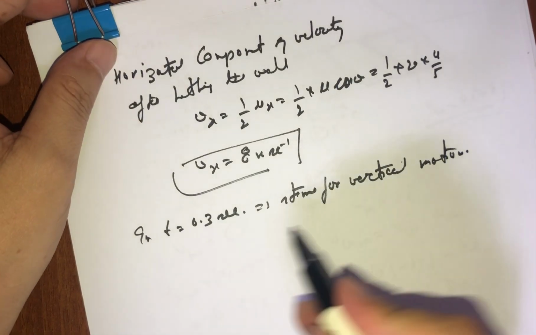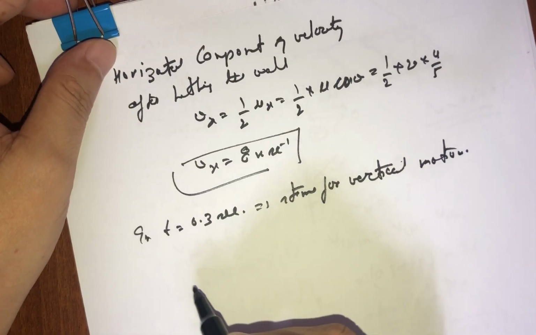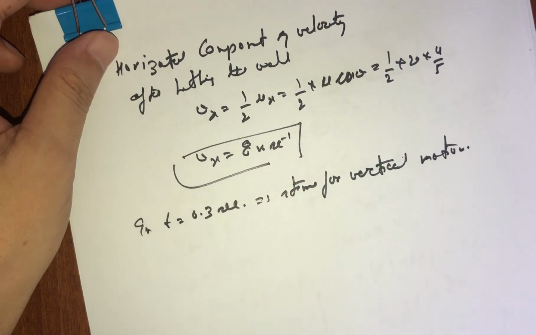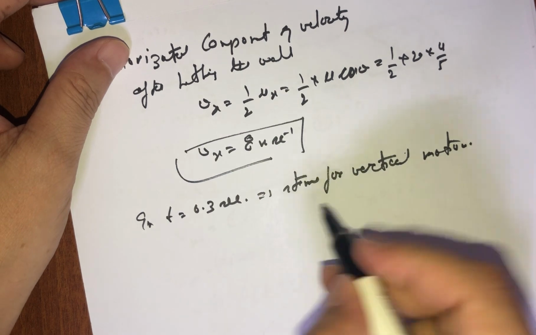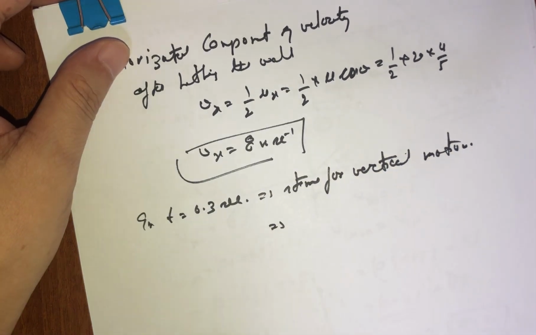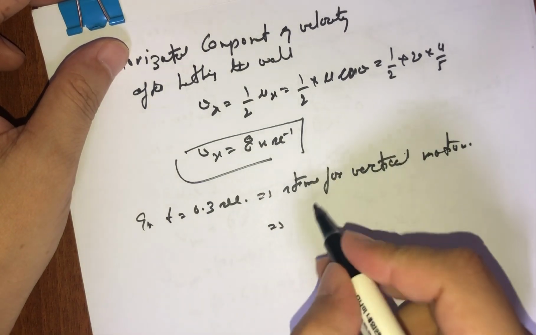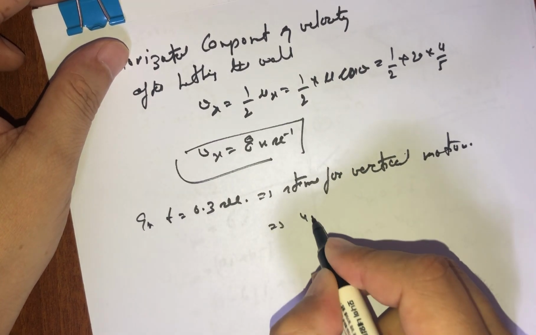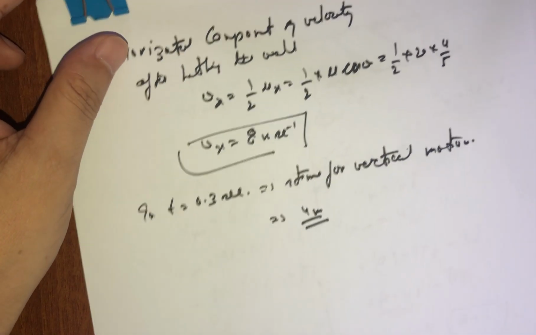It means during this time the stone will be at a height of 4 meters. So vertical motion means the distance traversed in the vertical direction, which is nothing but our 4 meters.